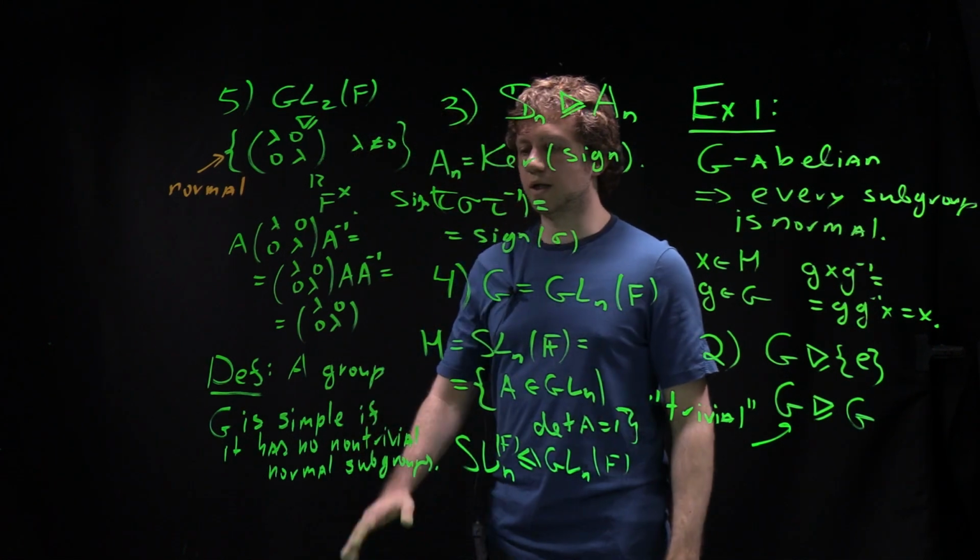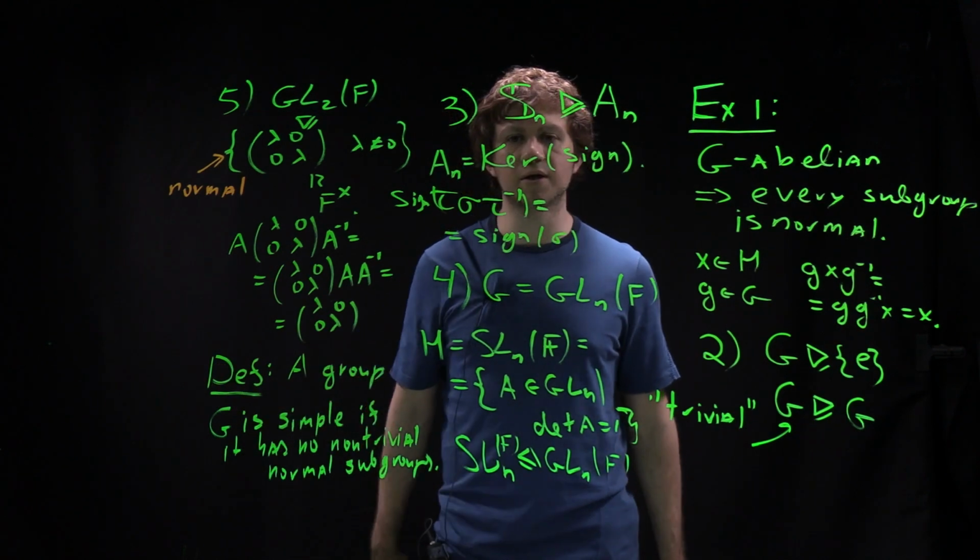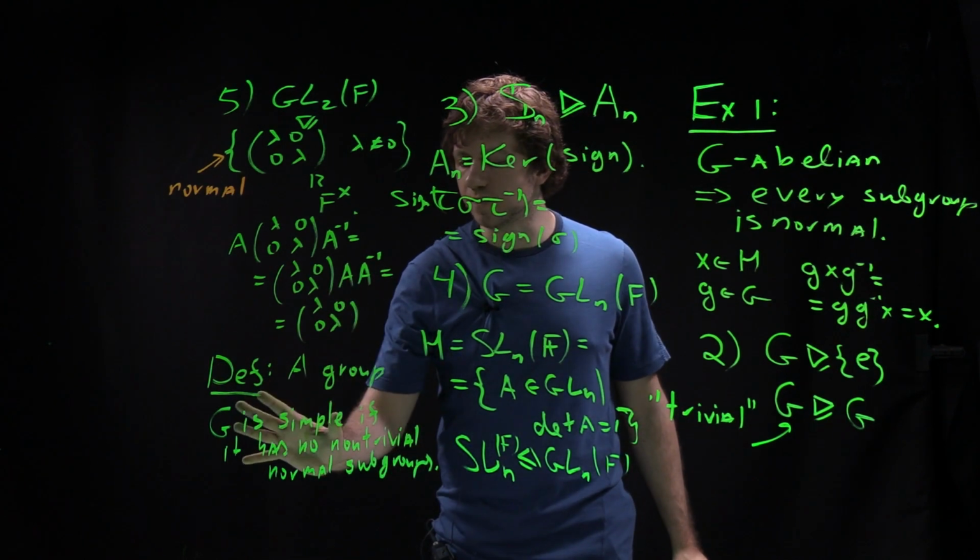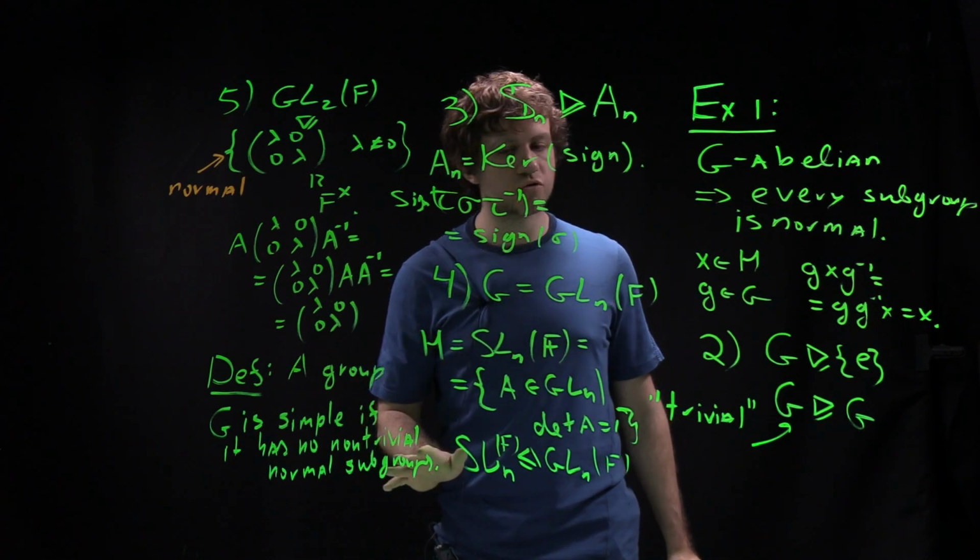And this is the most fundamental definition. So a group is called simple if it has no non-trivial normal subgroups.